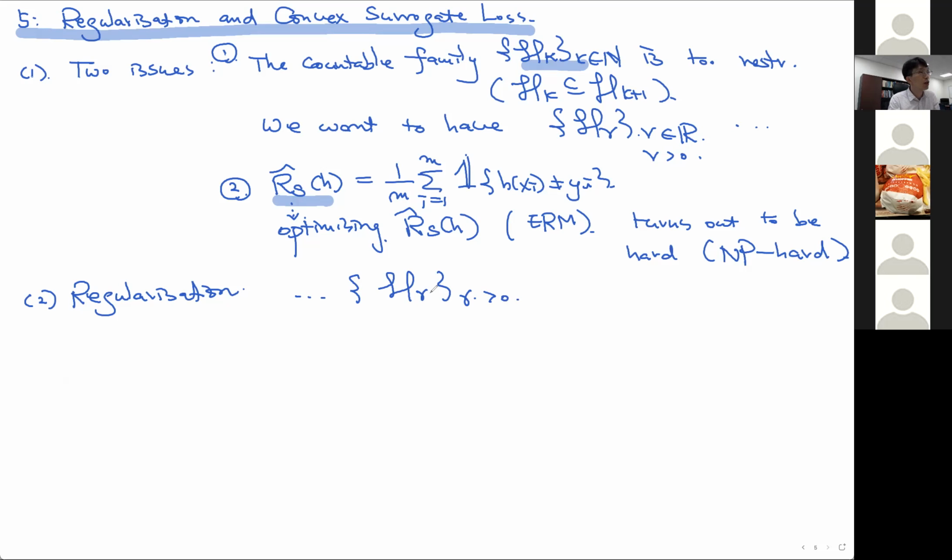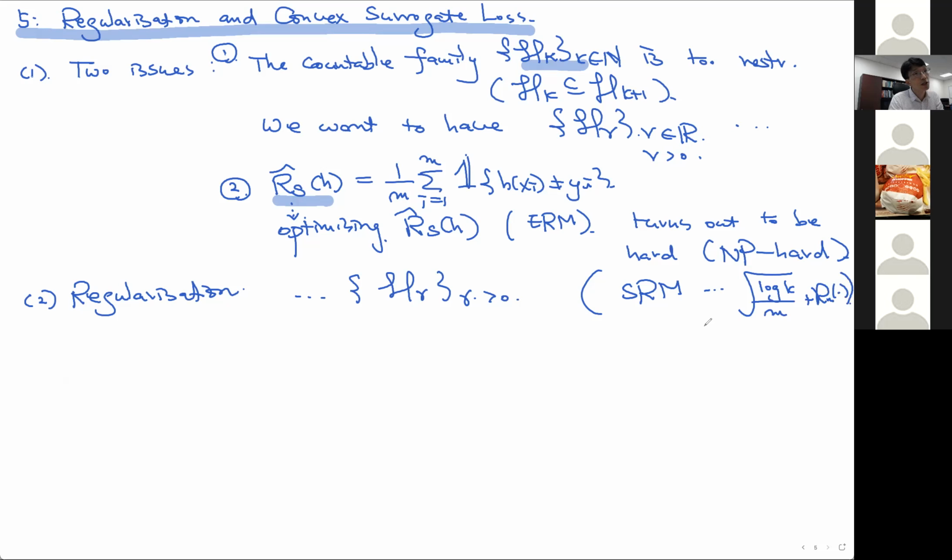The idea of regularization is this: if you remember SRM, we have some extra terms like the square root of log k plus Rademacher complexity and so on.